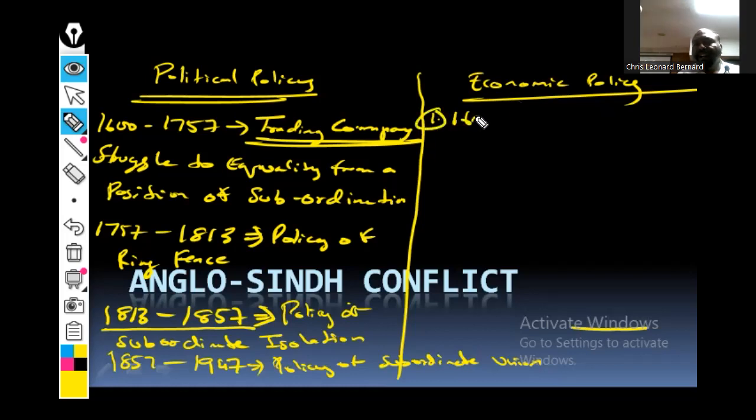From 1600 to 1757, what is their policy? They are a trading company. Yes or no?